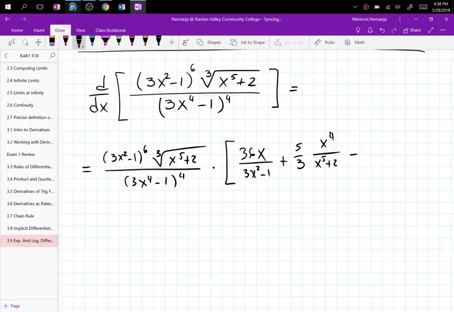And then you have minus, we have 3x to the 4th minus 1. And on top, we have 48 x to the 3. And that's it. That's the derivative.